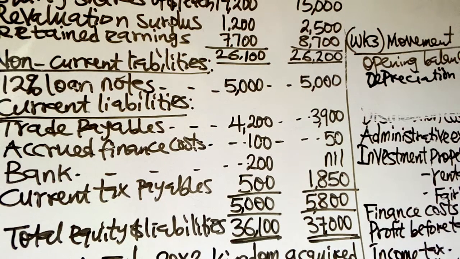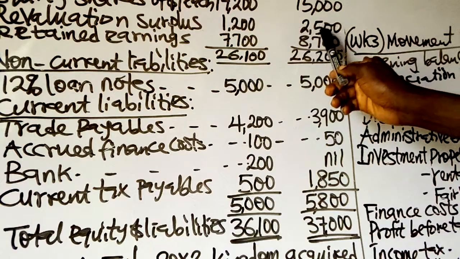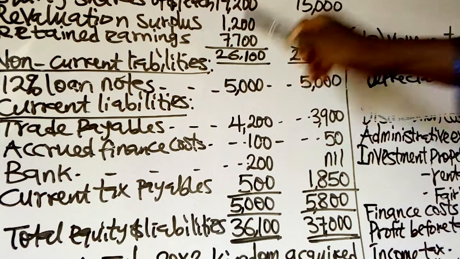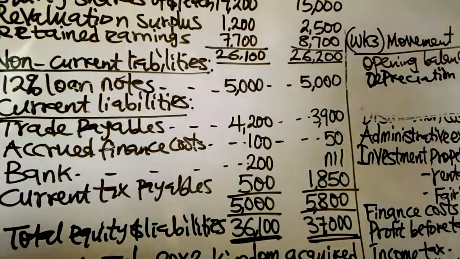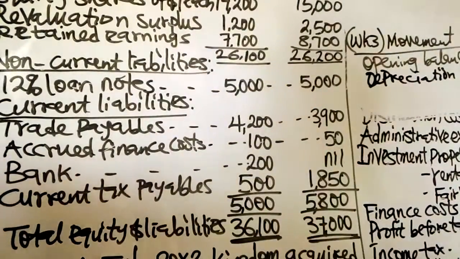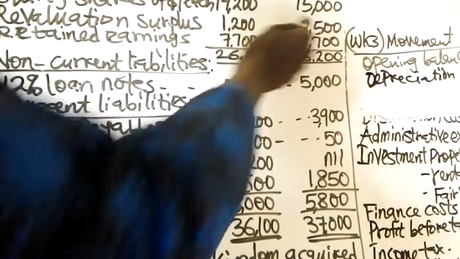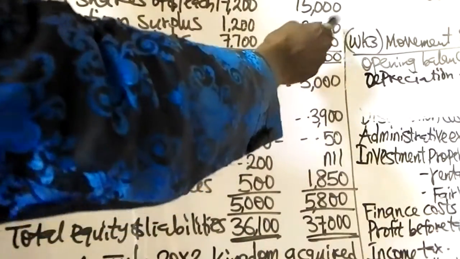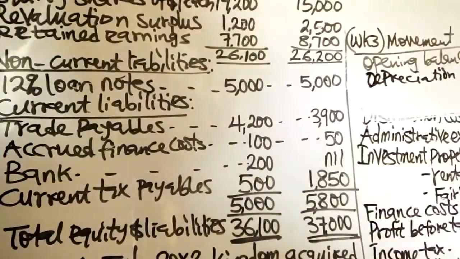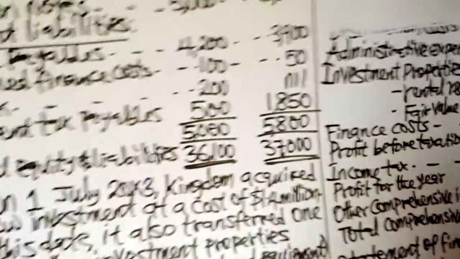That means there is a revaluation deficit. The difference between 2.5 million and 1.2 million is 1.3 million. Don't forget, in accordance with IAS 16, the movement in revaluation of PPE will be incorporated in other comprehensive income. That is why if you check your other comprehensive income, you will see the difference in revaluation of 1.3 million. It's a revaluation deficit. 2.5 is now reduced to 1.2.